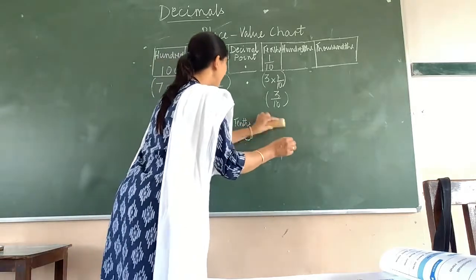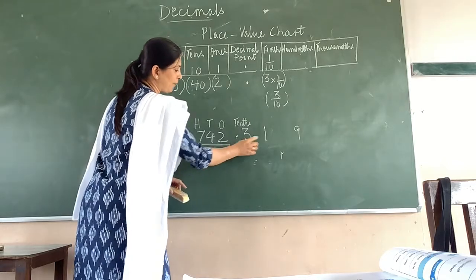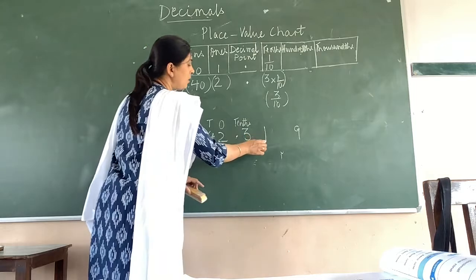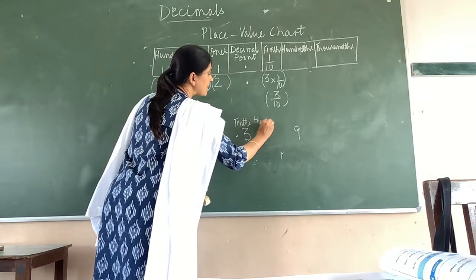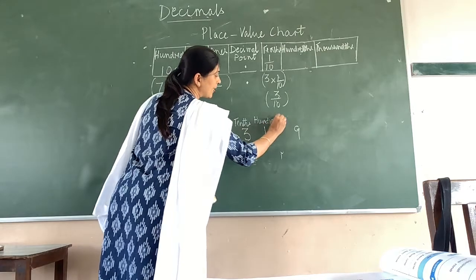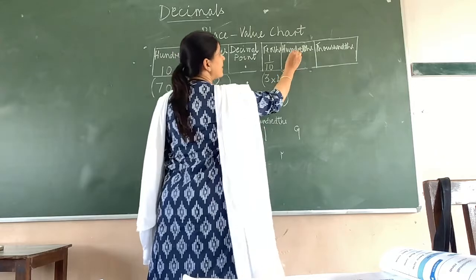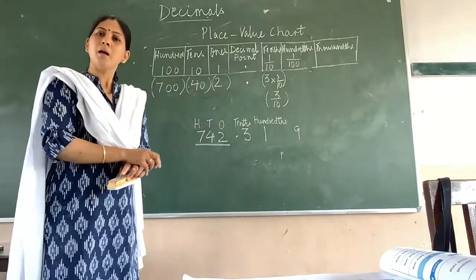Now 1. Now 1, the second digit after decimal. See, the first digit after decimal is in tenths place. Now the second digit after decimal is in hundredths place. Hundredths means 1 over 100.